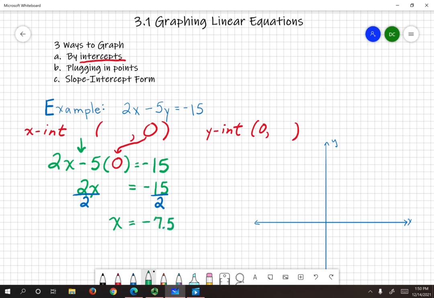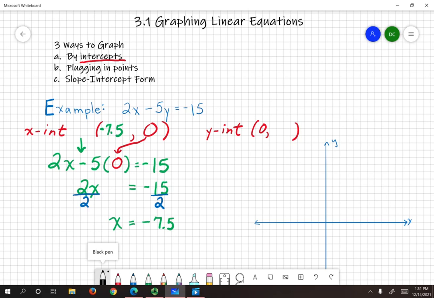I'm going to make it a decimal because sometimes it works to do decimals. So negative 7.5. So our x-intercept is negative 7.5, 0. And right away I think, maybe this wasn't the best choice, because that's kind of an awkward place, but we can still find it.